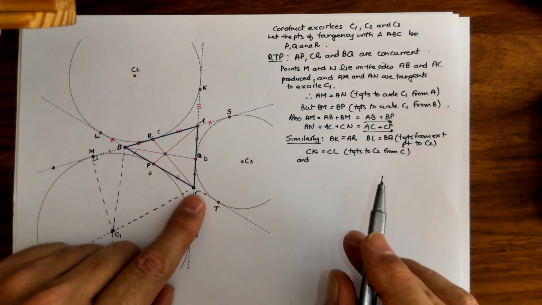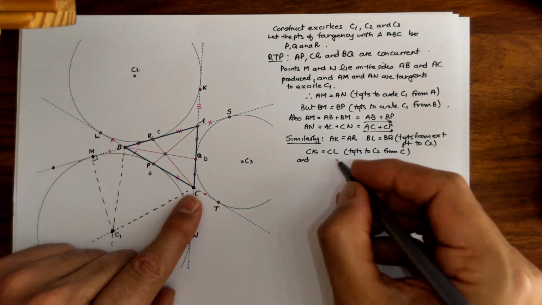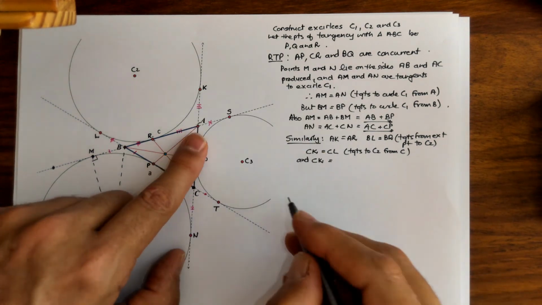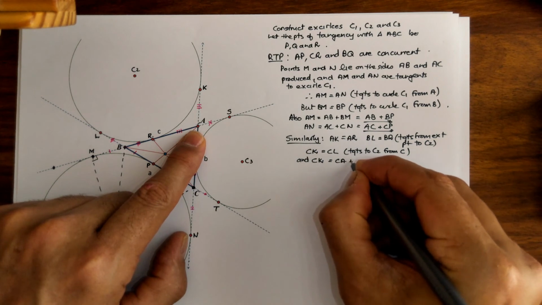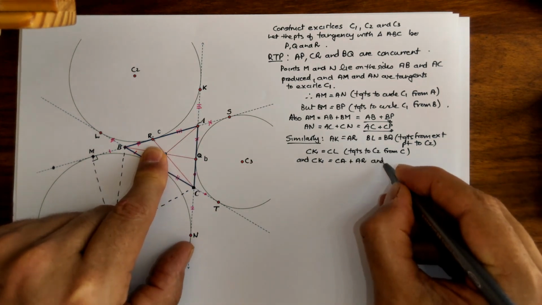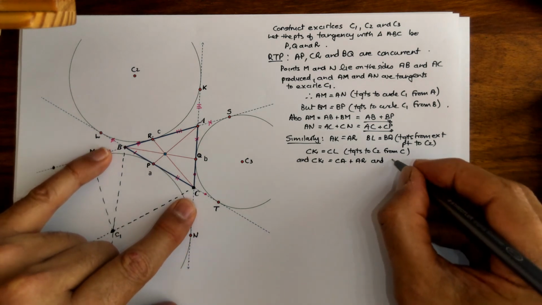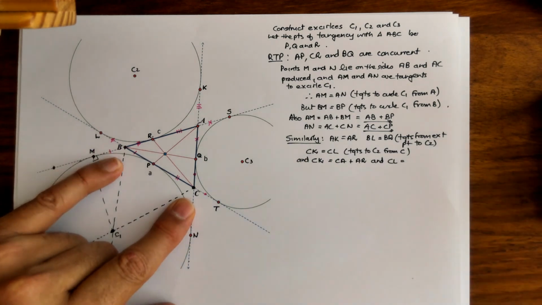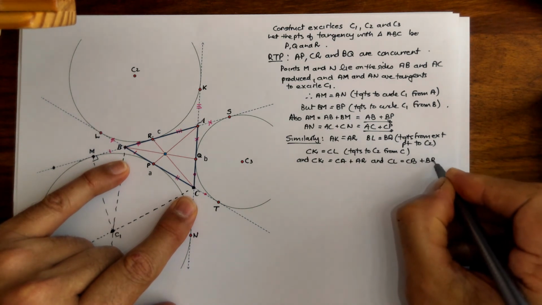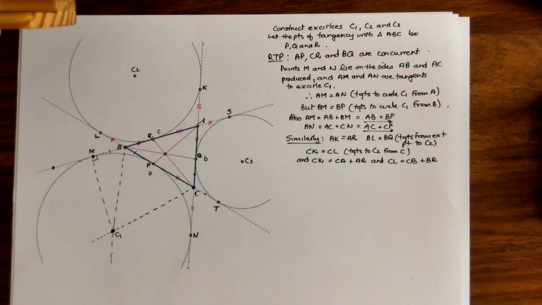So we want the same here, that CK is CA plus AR, and the tangent CL is equal to CB plus BR. Okay, that is our second important point that we wanted to get to.